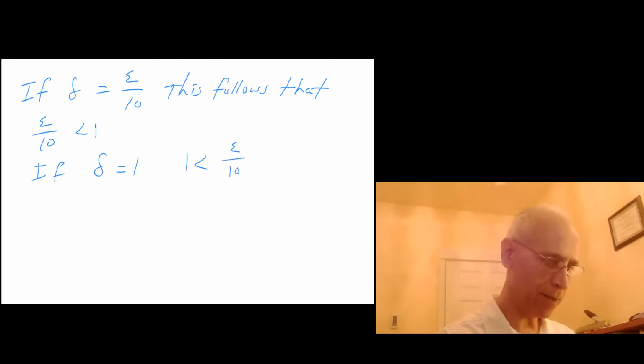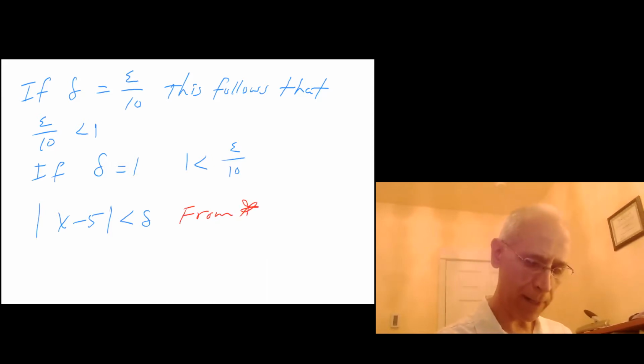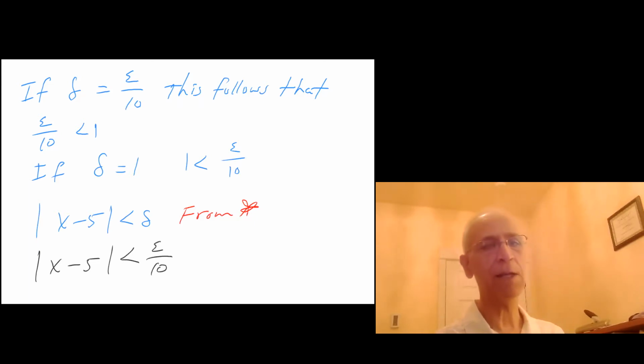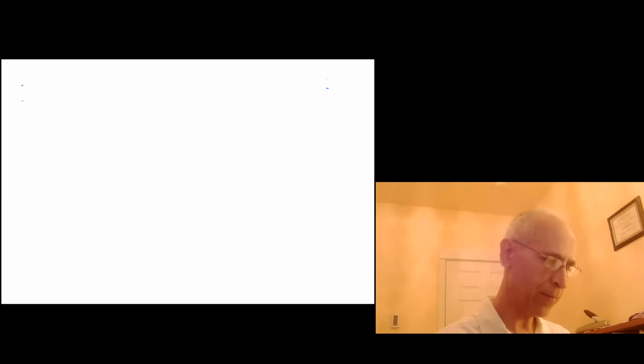So now I'm going to rewrite this as the absolute value of x minus 5 smaller than delta from star on the first page. So I can rewrite this as the absolute value of x minus 5 smaller than epsilon over 10. And I'm going to trace my steps back and go backward. Let me go to the next page, multiply both sides by 10.